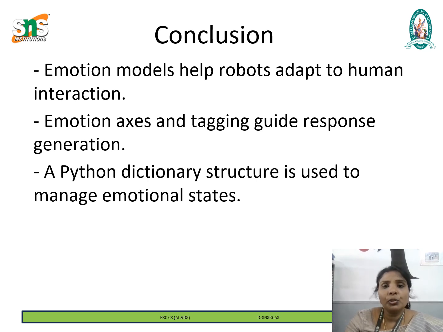This allows robots to shift their behavior based on user engagement, ensuring more natural, personalized, and human-like interactions. As emotion modeling advances, robots will become even more intuitive, improving user experiences across various applications from customer service to education and companionship. We come to the end of this section.